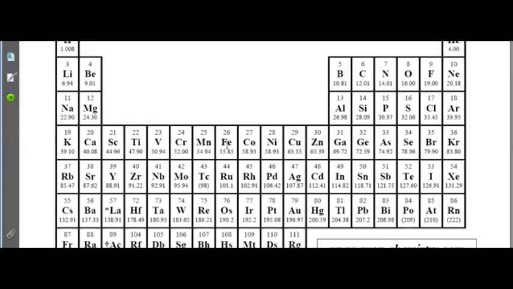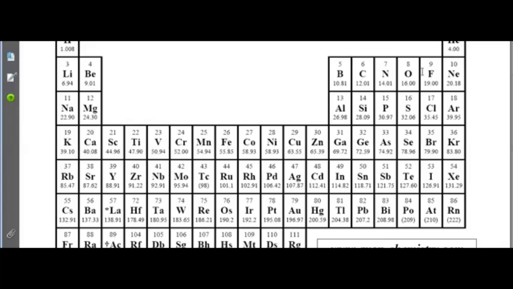You don't have to know that iron has a +2 or a +3. However, you should be able to determine what the charge on the metal is based on the charge of the non-metal. So make sure that you know your 10 polyatomics, and I'll talk about that very shortly, that you know the common charge for a single non-metal element, and that you can do the algebraic sum to determine what that charge is.